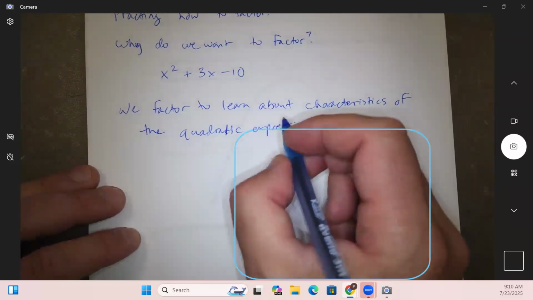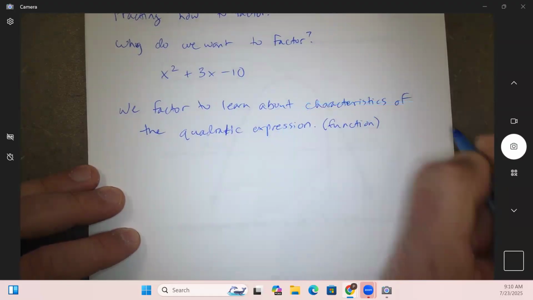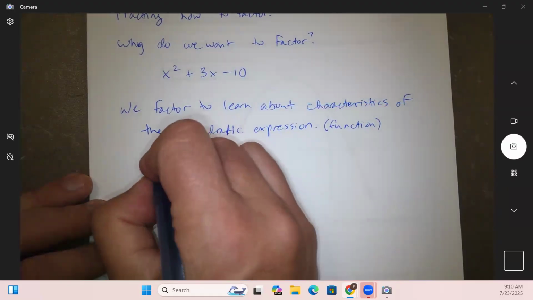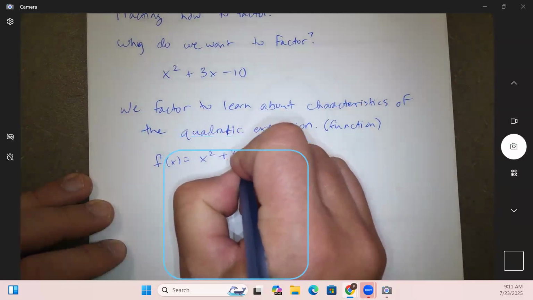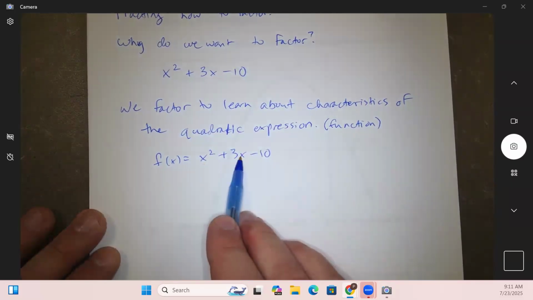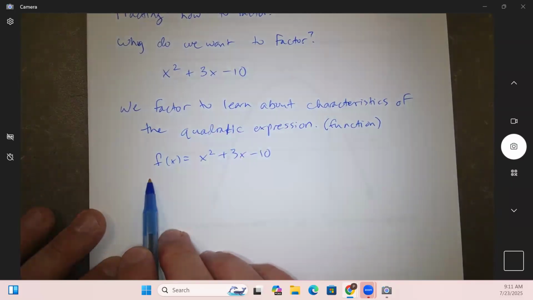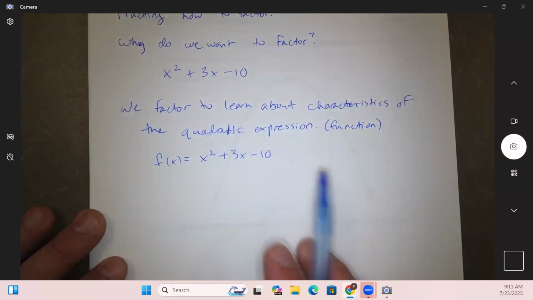And so in this case, it's actually going to be a function. We've talked about functions, right? Where we have f of x equals x squared plus 3x minus 10, where we have an input x and it gives us an output f of x. And factoring helps us learn about characteristics of this function.